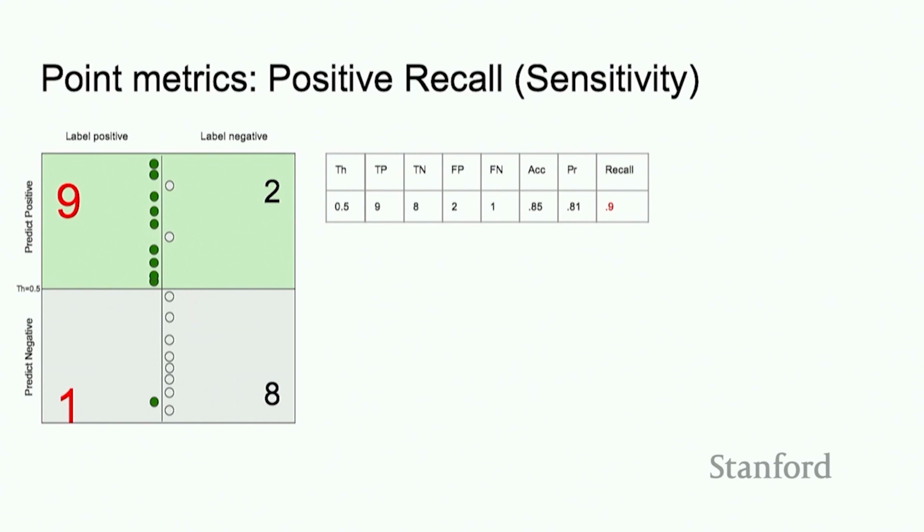Another way to think of this is, if you want to have perfect recall, 100% recall, then no matter how good or bad your model is, just choose a threshold of 0. If you choose a threshold of 0, no matter how good or bad your model is, you will get 100% recall.